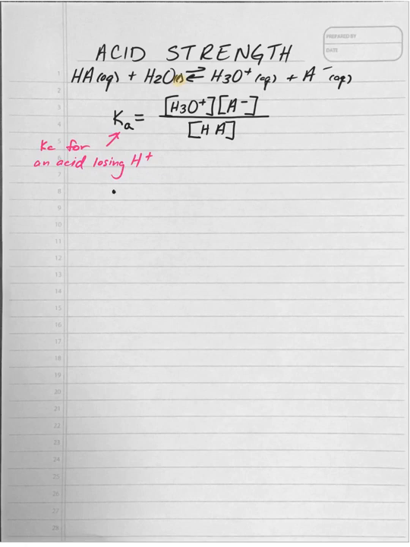So we can think about this from an equilibrium standpoint. Ka values can be big or small. A big Ka value, just like a big Kc value, will favor the products. What that means is that there's going to be more H3O+, less undissociated HA.